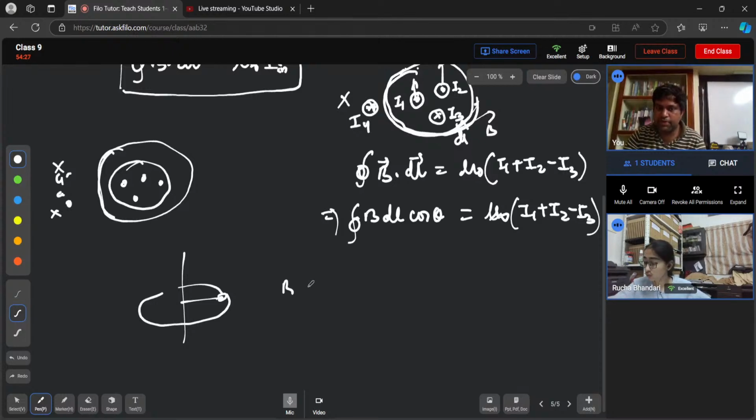The closed integral of B dot dl equals mu naught I, and B dot dl is basically B dl cos theta.